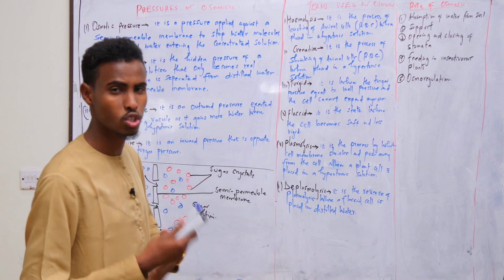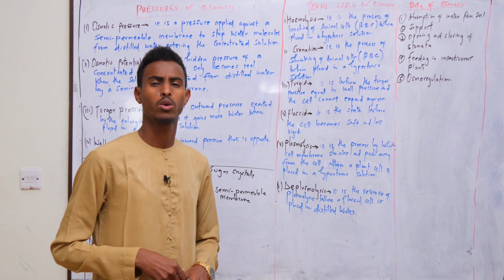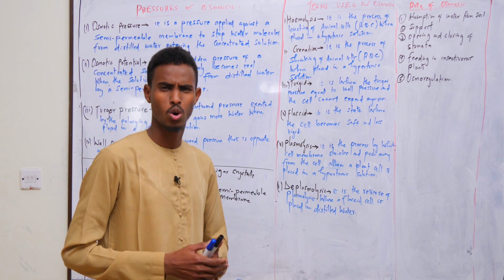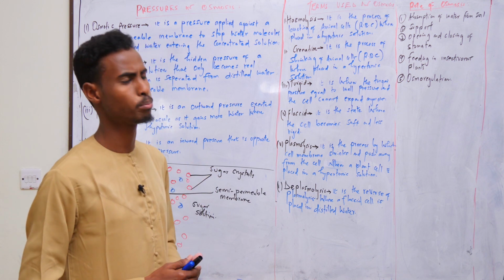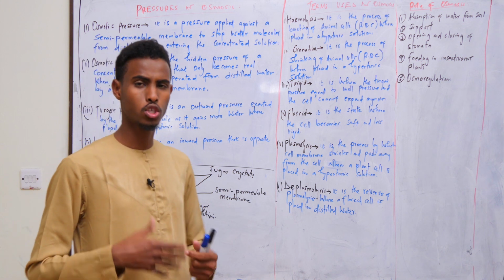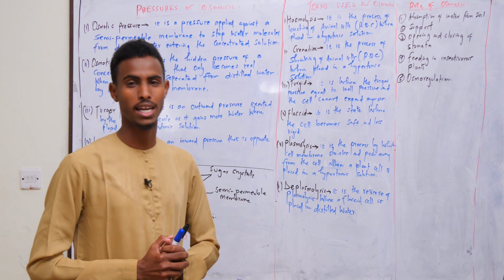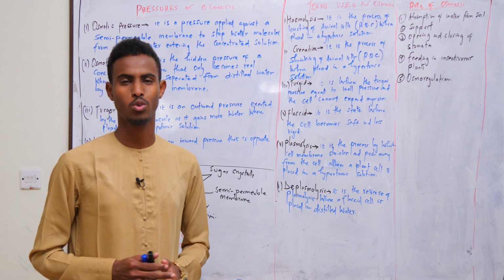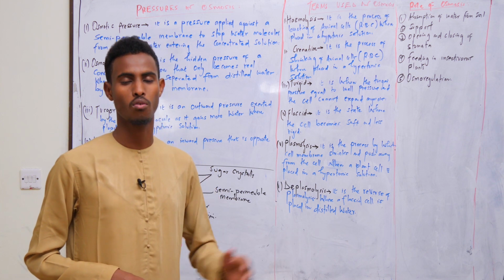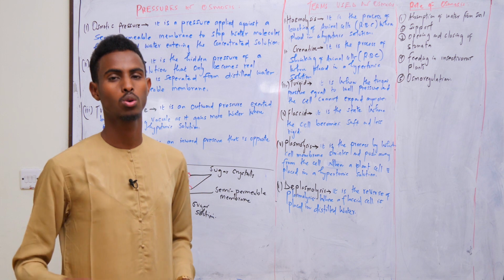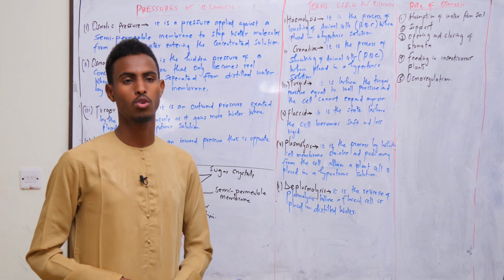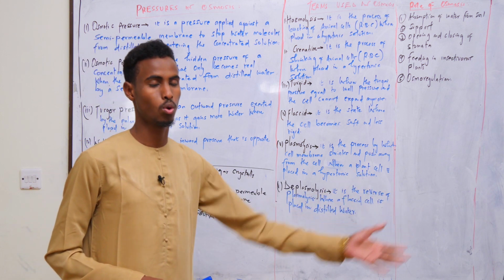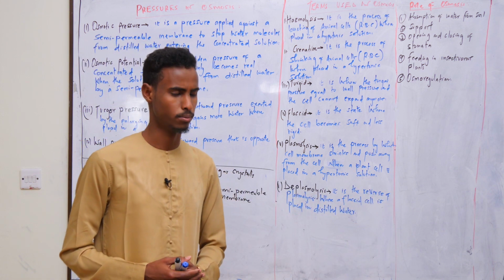Now class, what is osmosis? And what are you supposed to be knowing when defining osmosis? Osmosis is a physiological process. And osmosis being a physiological process, it basically involves movement of water molecules from their region of high concentration to the region of low concentration, or rather from the region of high water concentration to the region of low water concentration.